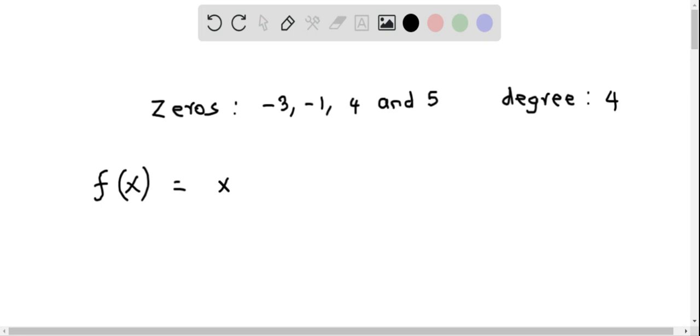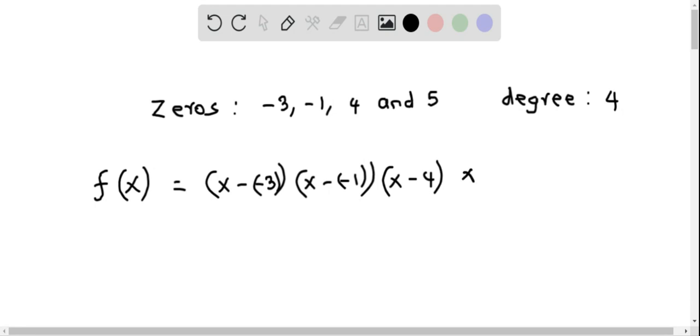So I write down this in the form of x minus of -3, multiplied with x minus of the second zero, which is -1, and then multiplied with another linear factor for the third zero, which is 4, x minus 4, and then the last zero is 5, so it is x minus 5. Now let's simplify this.